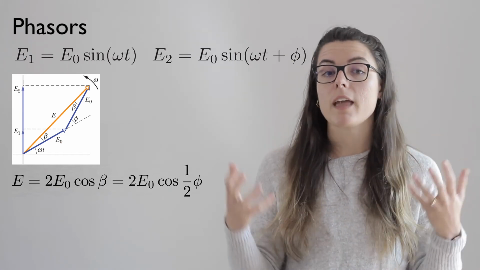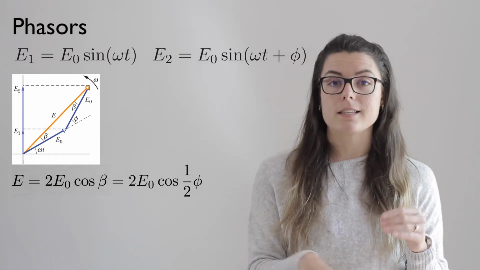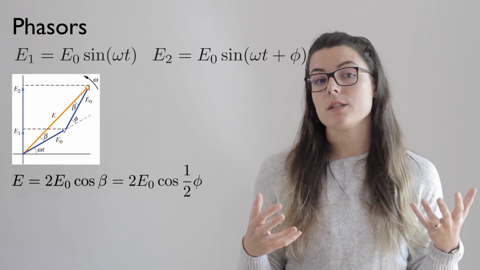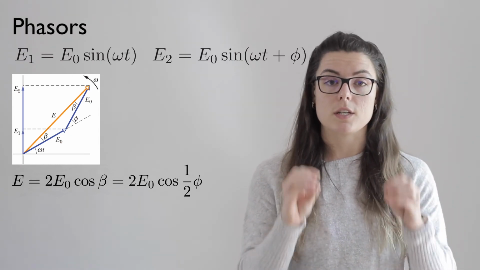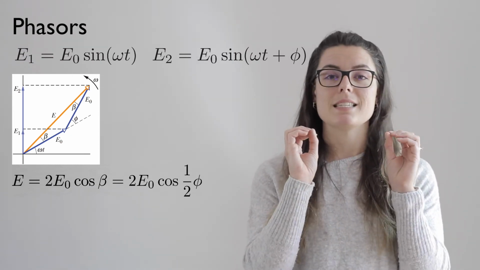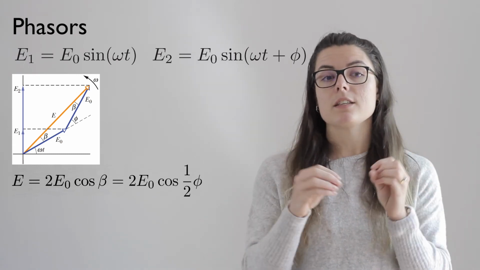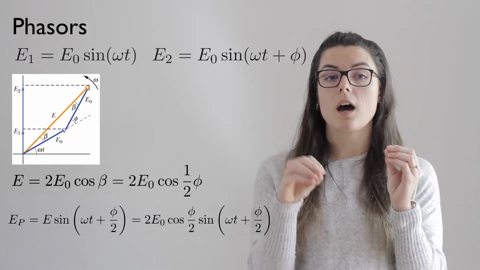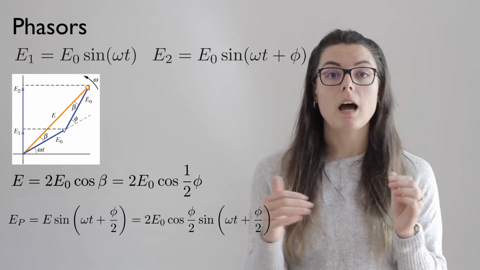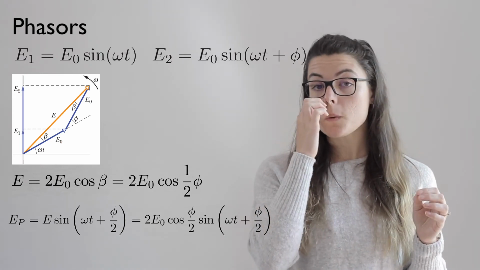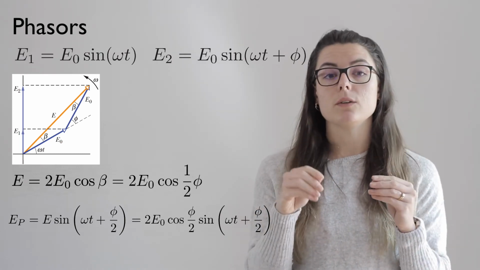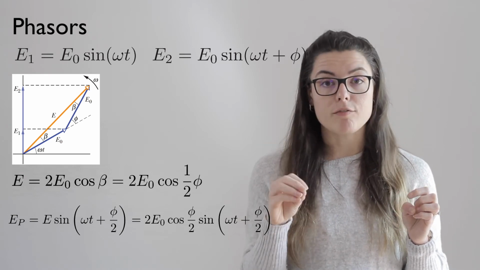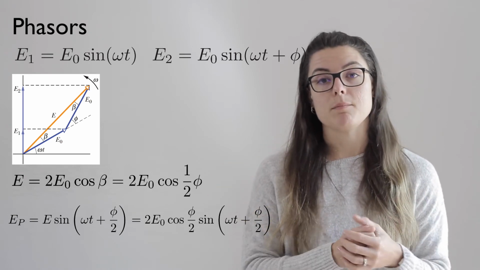So the projection of E along the vertical axis at any time t is going to be given to us by the following equation. Our projection we will say is E subscript P, and that's going to equal E sine omega t plus a half phi, which is also equal to 2E naught cos a half phi sine omega t plus a half phi.